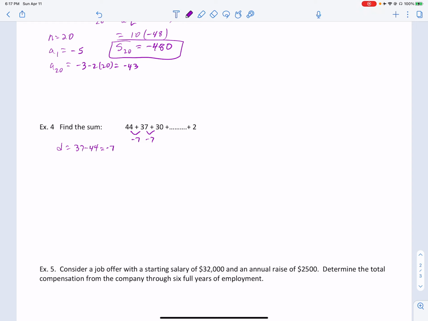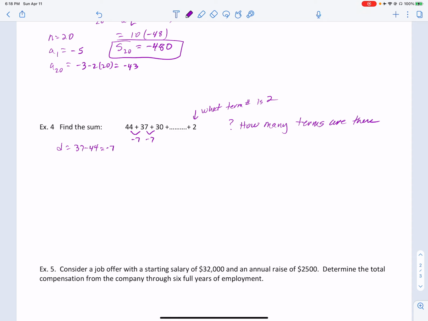And so I don't know how many terms there are. And again, I always want an algebraic support for it, so we're going to use the rule. And we're going to figure out what term number 2 is, which was one of our examples in the previous lesson.